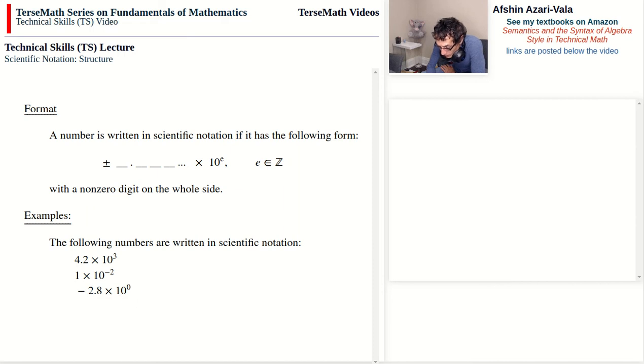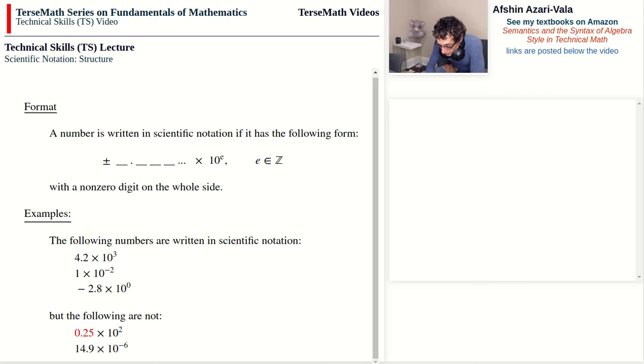The following numbers are not written in scientific notation. 0.25 times 10 to the power of 2, we need a non-zero integer on the left. And so 0.25 is the part that doesn't work. 14.9 times 10 to the power of negative 6. Again, it's the fact that we don't have one non-zero digit on the left side. We have two non-zero digits, and two digits are not allowed.